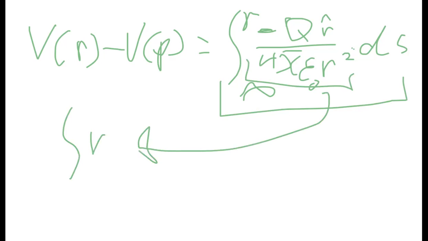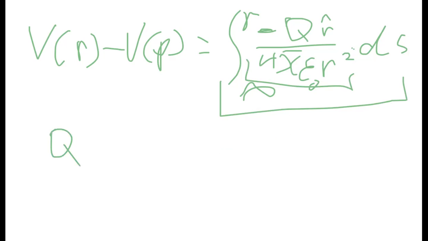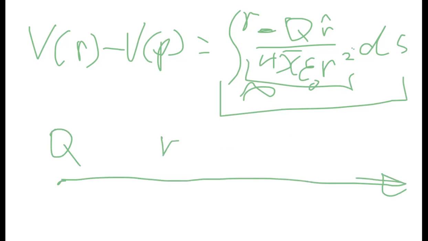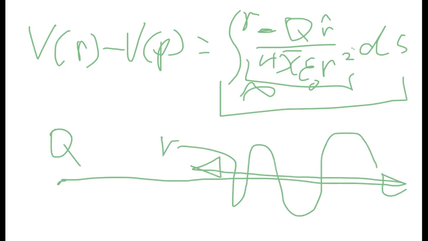So basically what we're doing is we're linearizing this, first of all. So we have our Q, we have R, and then we're going infinitely far away, in the same direction. So we're not going to worry about taking some sinusoidal path. That's not going to happen.